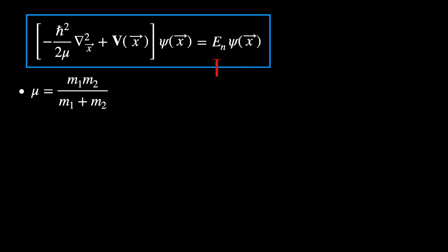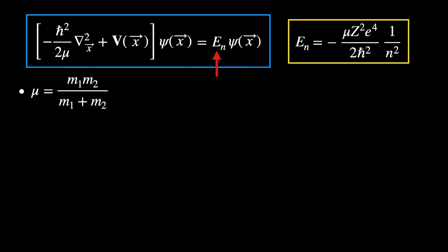However, the small shift in mass does have a measurable effect on the bound state's energies, as we can see from the formula in the yellow box, derived in lecture 14.